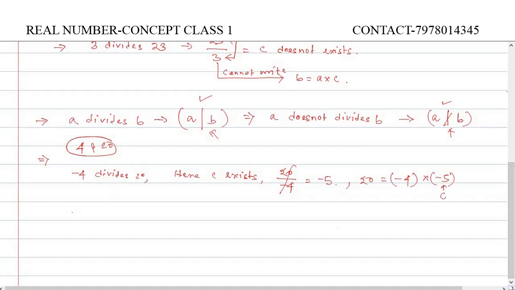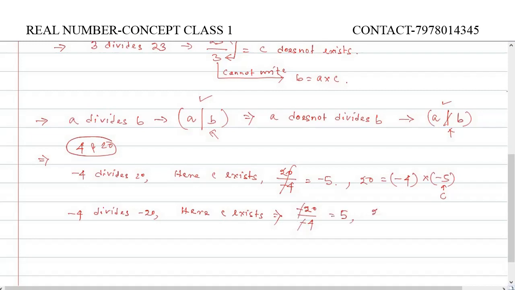Similarly, let us take minus 4 divides minus 20. Here also c exists. So we can write minus 20 by minus 4, so minus minus cancel, we get 5.